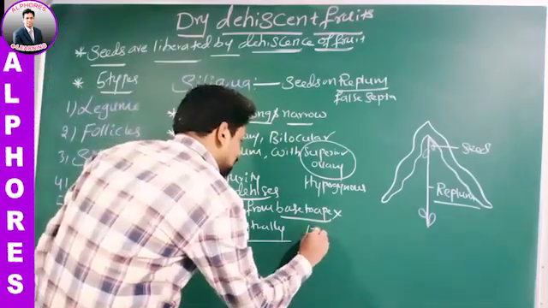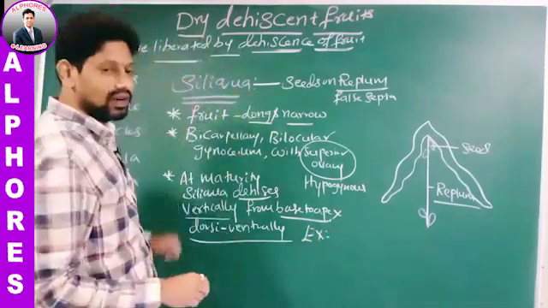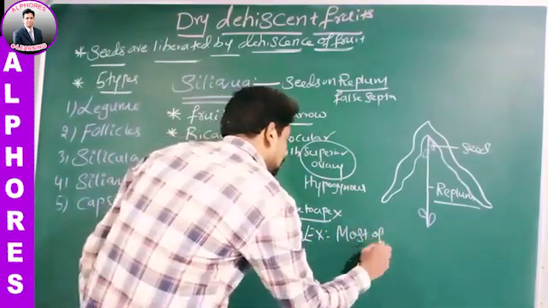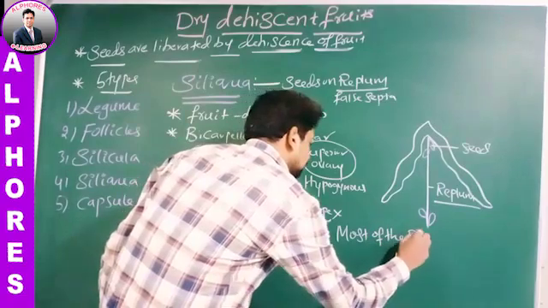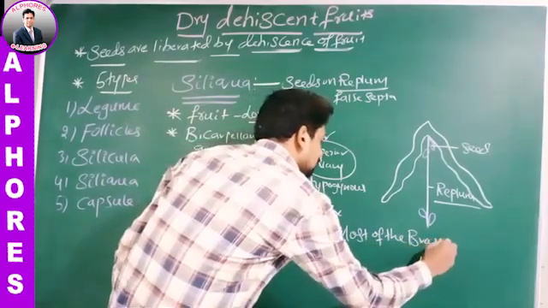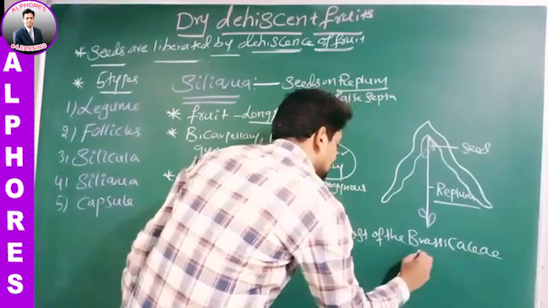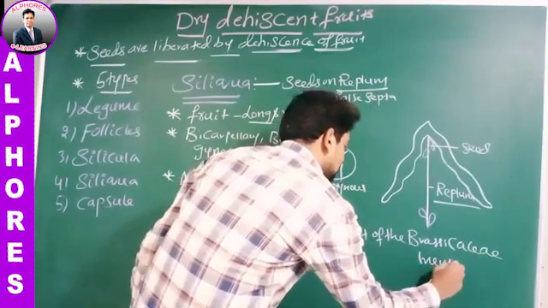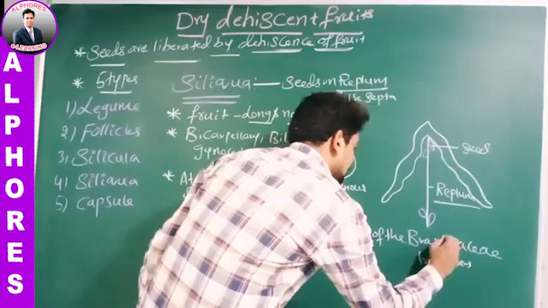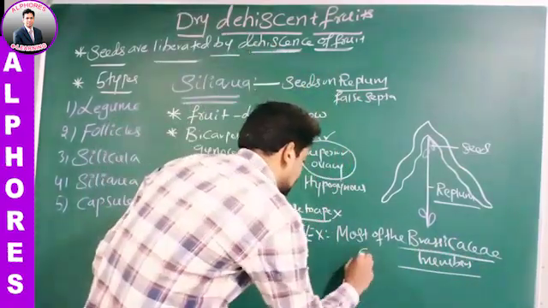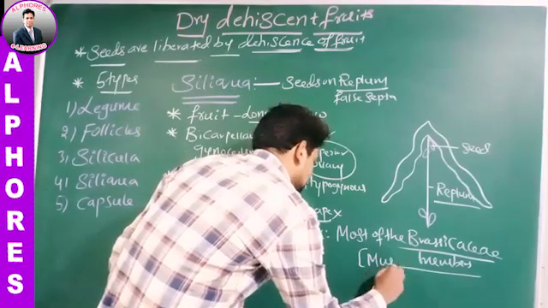Examples for Siliqua are present in most of the Brassicaceae members. The best example for Siliqua is mustard, M-U-S-T-A-R-D.